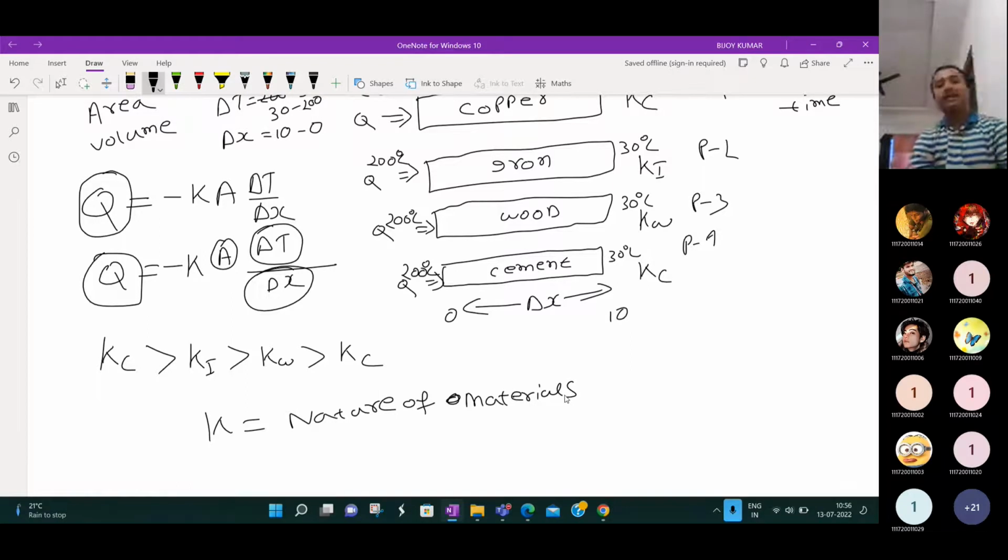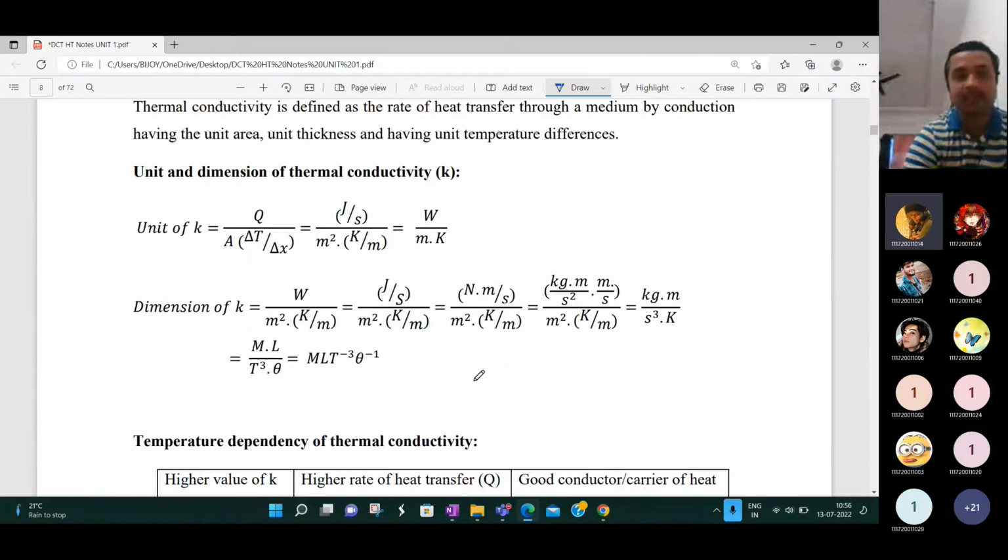In some materials or solids, the thermal conductivity will be higher, and in some materials, the thermal conductivity will be lower. So if thermal conductivity is higher, what does that mean? The heat transfer will be very fast.